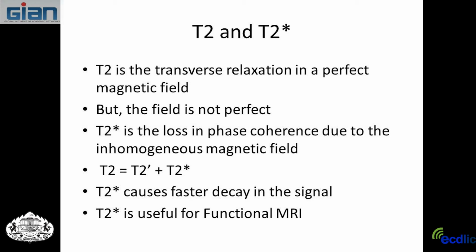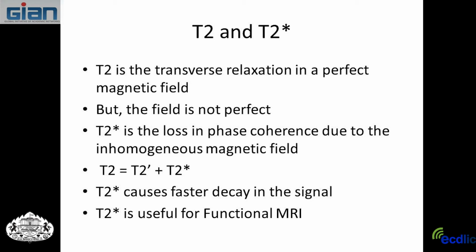Okay, so I'm going to make the distinction between T2 and T2 star. T2, again, is the transverse relaxation in a perfect magnetic field. In a perfect magnetic field, the T2 relaxation depends completely on the tissue type. However, the field's not going to be perfect. So T2 star is the loss of the phase coherence due to the inhomogeneous magnetic field.